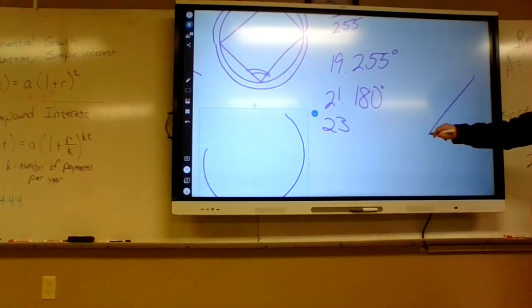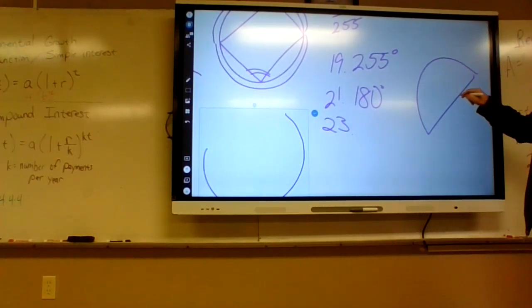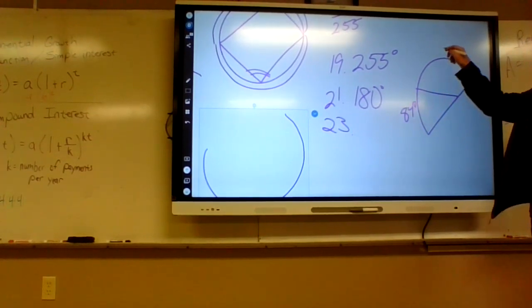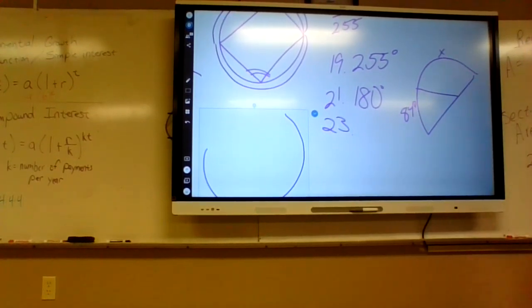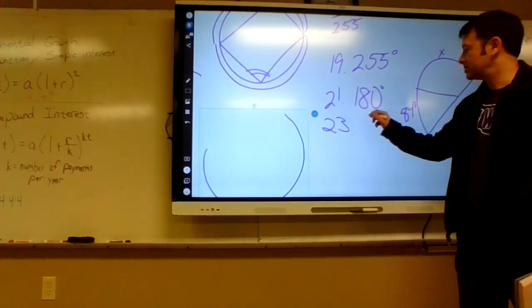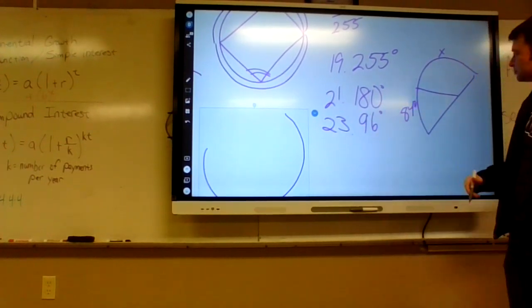Okay, so if it splits the circle in half, how many degrees do we have up here? 180. And they tell us this part is 84. So how do I find that part? 180 minus 84, which is 96.